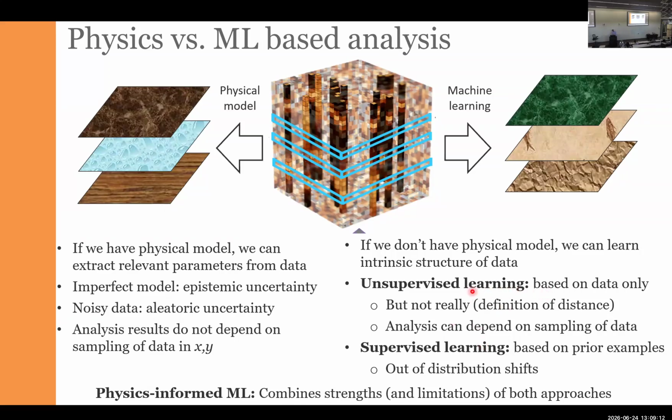Unsupervised learning based on the data only looks for internal structure of the data, but your analysis results would be very much dependent on the sampling of the points in the XY plane. If we have some behaviors associated with a small number of defects, the results of the deconvolution would be very different than if these defects occupy a big part of the image plane.